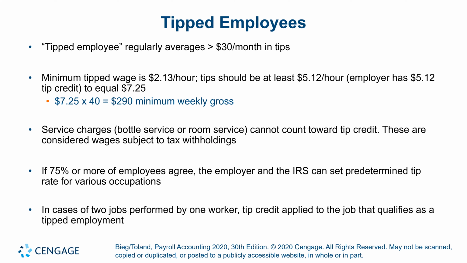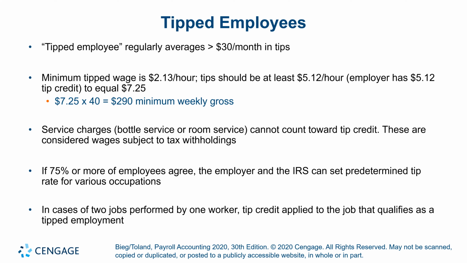And in the case, and I think we got practice with one of these already in chapter 2, where the minimum wage is $2.13 per hour and the tip credit, because the tips should equal at least $5.12 an hour, that's the employer tip credit. In the case where the per hour wage plus tips do not equal that, the employer has to pay the difference. And again, we'll get more practice with that and see examples as we go through.